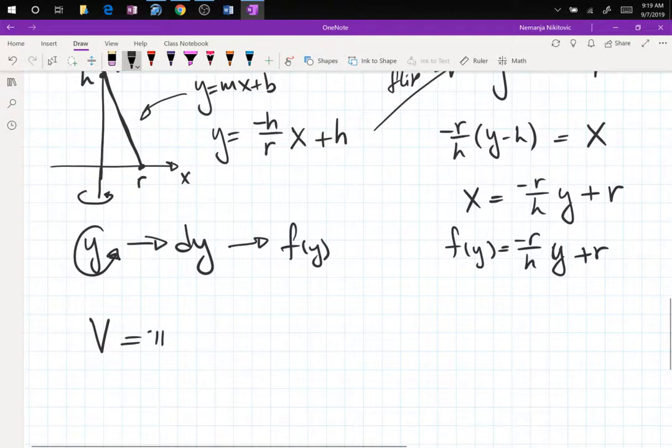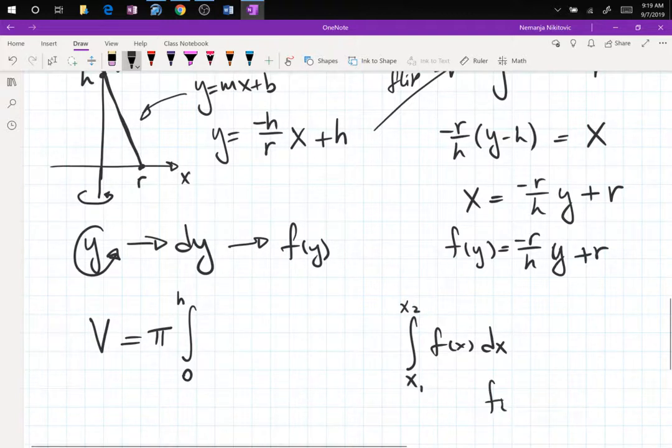V equals pi integral, and now your limits are 0 to h because you are using y limits, because it's your dy integral. This is something that you might not be good with yet. Make sure that if you have your f of x dx, you have your x1 and x2 limits. If you have your f of y dy, make sure that you have your y1 and y2 limits.